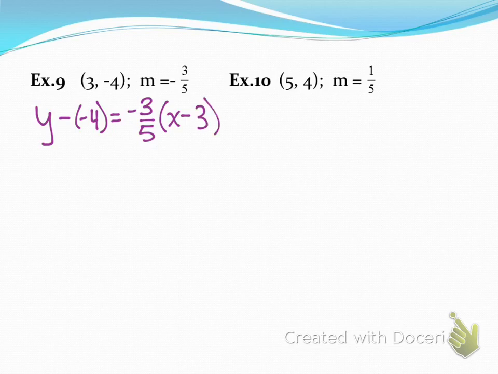Very good. So we plug in our point and our slope. We have y minus -4 equals -3/5 times x minus 3.